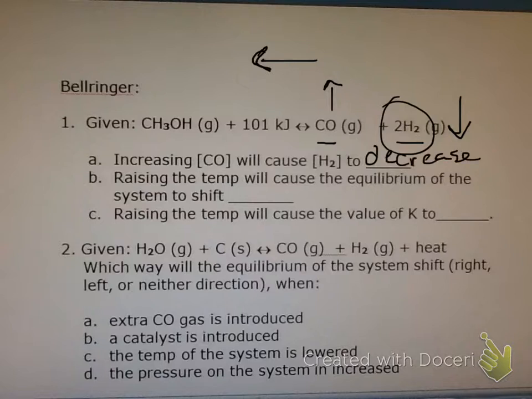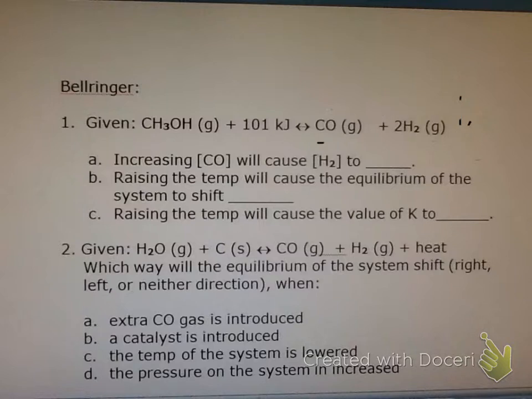All right, and then in B, it says that raising the temperature will cause the equilibrium of the system to shift to which direction. So our heat is here, and if we read the forward direction, it says that we have methanol plus 101 kilojoules of heat will combine to produce carbon monoxide and hydrogen gas.